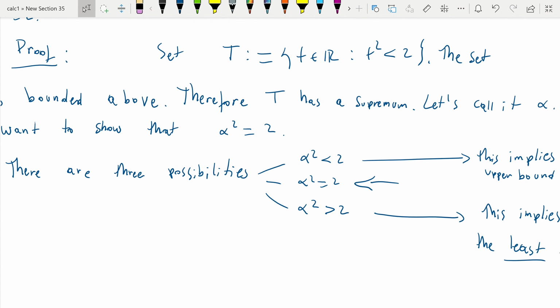Now we'll have to deal with a few exercises, and that's it for now. Next thing we'll be discussing is cardinality. We'll see how much bigger R is than Q. This is not really something that we'll be using a whole lot.